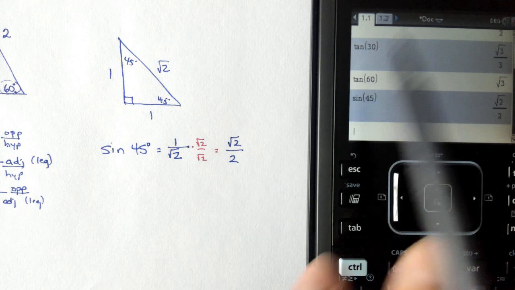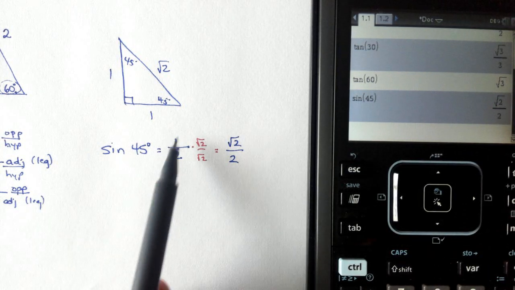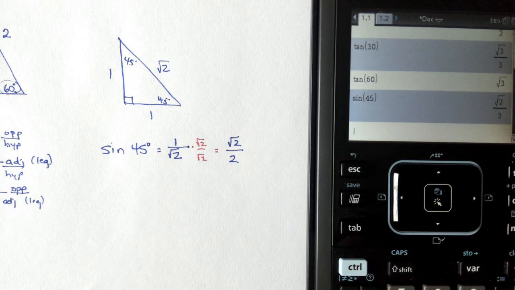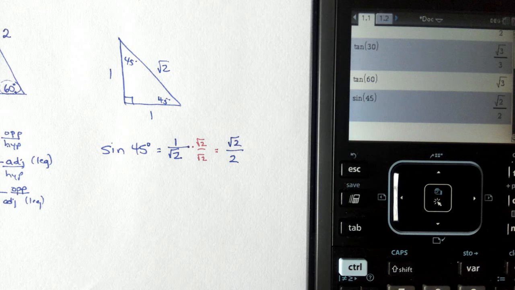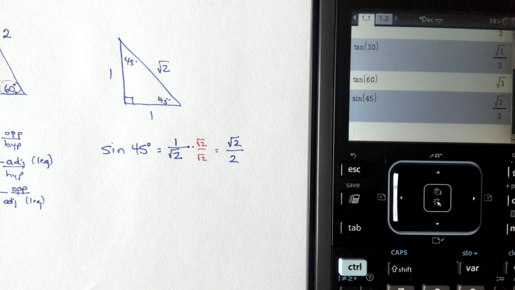So the calculator actually knows to find a particular ratio of two particular sides and then give me the simplified form of that. Now your calculator will give you a decimal approximation. On this one, it's going to spit out an approximation that looks something like 0.7071.